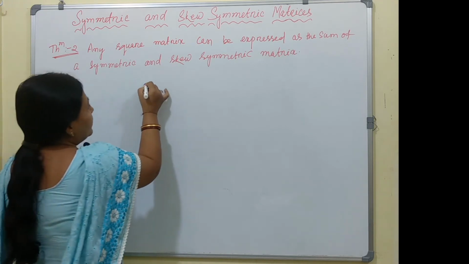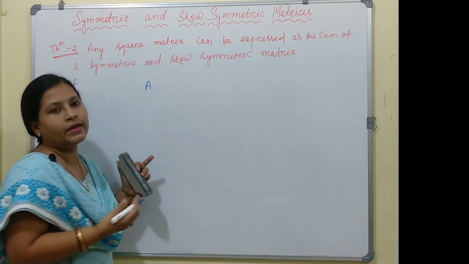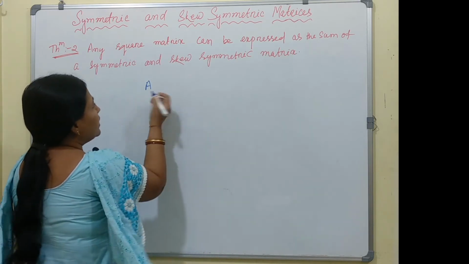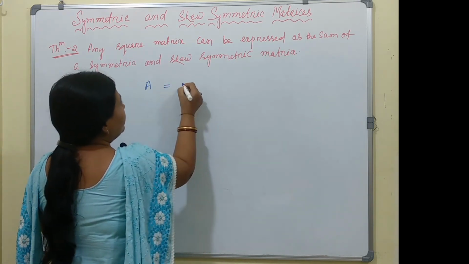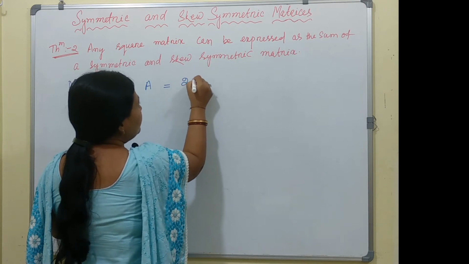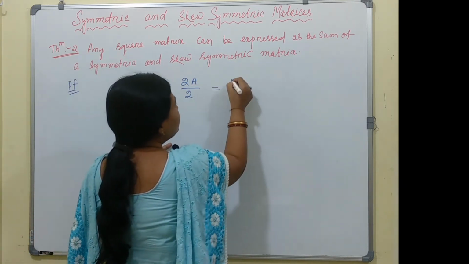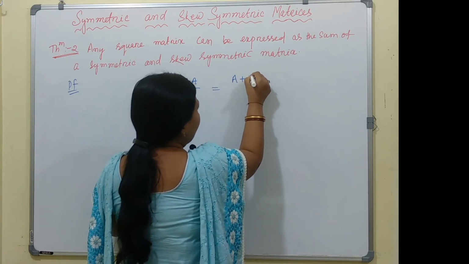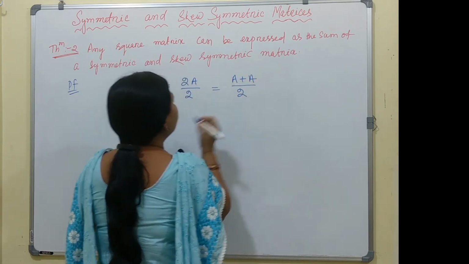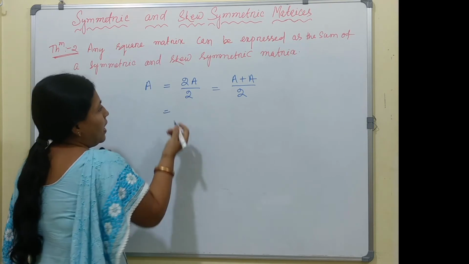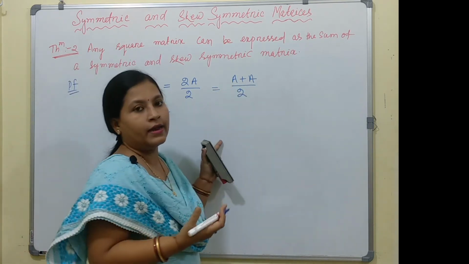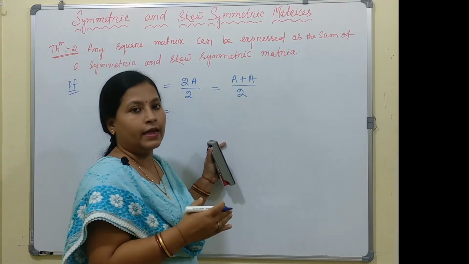We can take A as any square matrix. So we can write A is equal to 2A by 2. So 2A means A plus A by 2. Here we add the term A dash and subtract A dash.